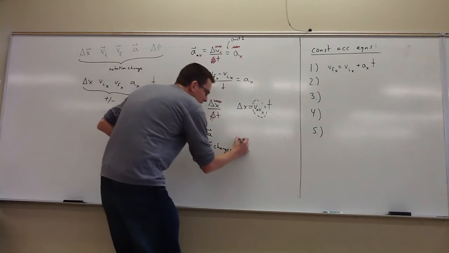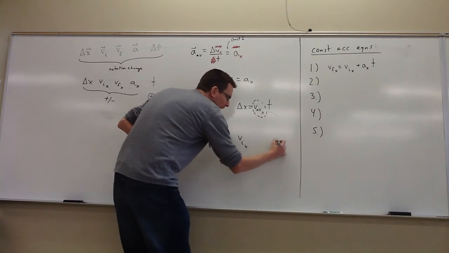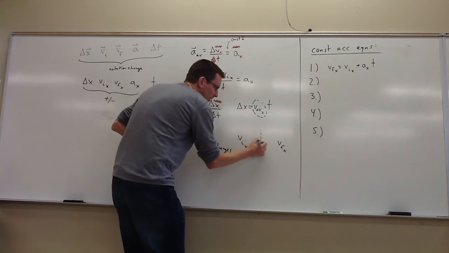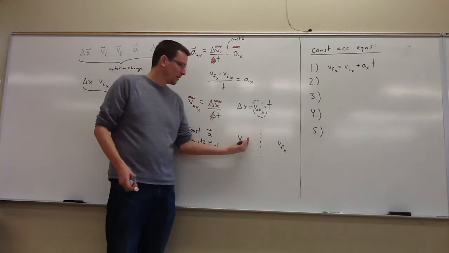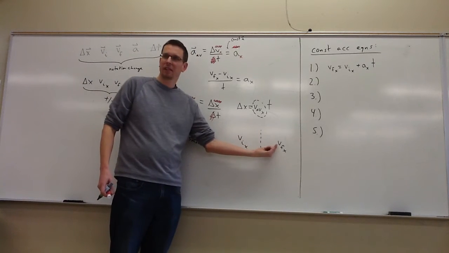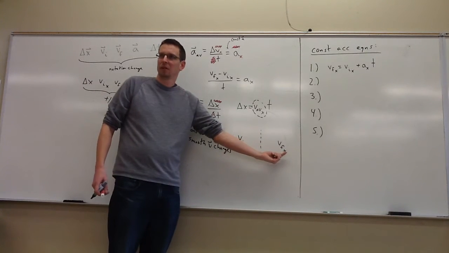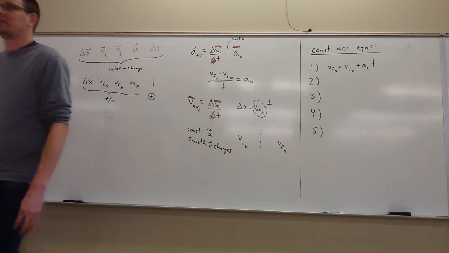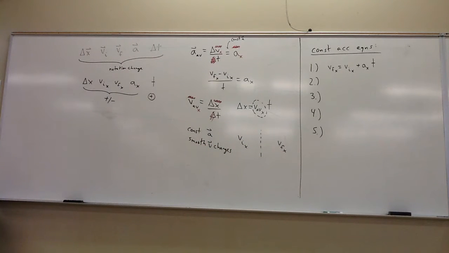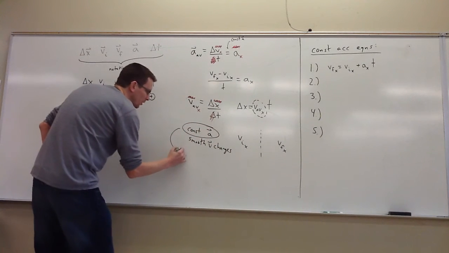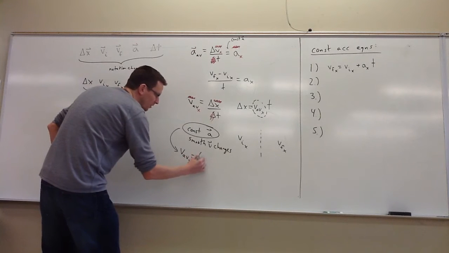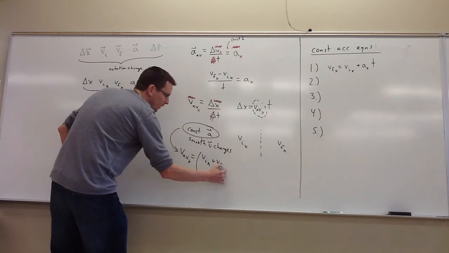If I have, say on a number line, v initial here, and v final here, where do you think v average is going to fall, relative to the midpoint? If you don't procrastinate near this, you just smoothly connect them. How can you get v average? Where's v average? It's halfway. So because you have constant acceleration, the average velocity is just the halfway point between the initial and final.